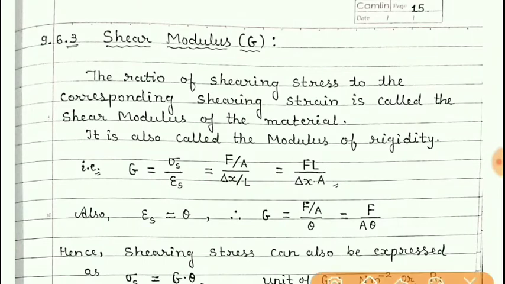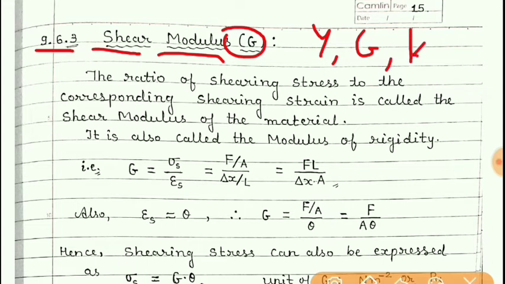Now topic number 9.6.3, shear modulus, denoted by G. Students, whatever the modulus is, Young's modulus or shear modulus or any other modulus, all the moduli have the unit of stress only.